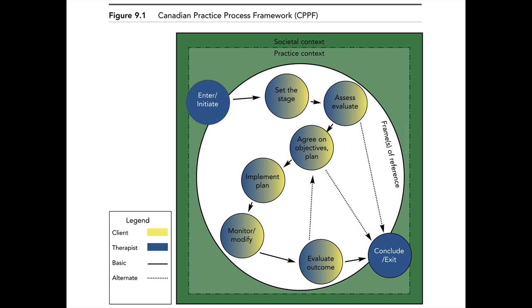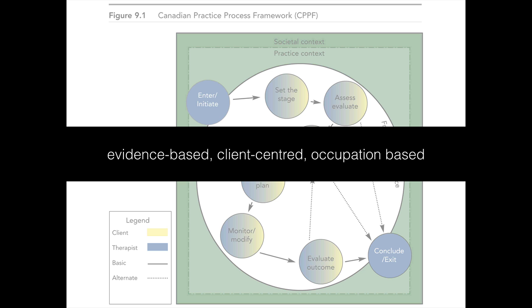So the one we've chosen is the Canadian Practice Process Framework, which you have access to the book chapter about. And this is the thing that will become your friend over the next few years, in terms of helping us whenever we think about occupational therapy practice, and what we should be doing and how we should be doing it. Just some of the general principles to start off with. The process framework, the CPPF, is a way of delivering evidence-based, client-centered, occupation-based occupational therapy.